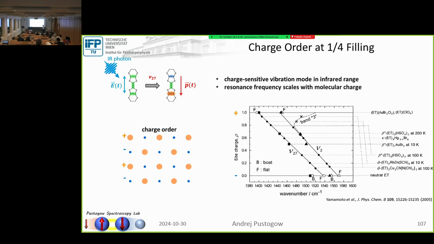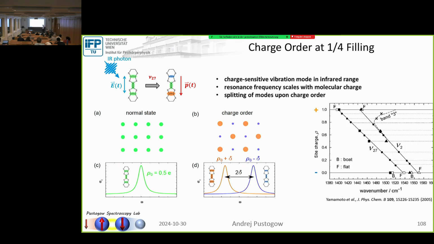And in the organic molecules, if you have a lot of charge on a molecule, it will feel a different resonance frequency, because the resonance frequency between one carbon and the other, you can measure this vibration mode, and this way you can probe how much charge is sitting on each molecule. And therefore, if you have a material with the same charge on each molecule, you will have one vibration mode. If you have different charges, then you have one peak for the plus charge and one peak for the minus charge.